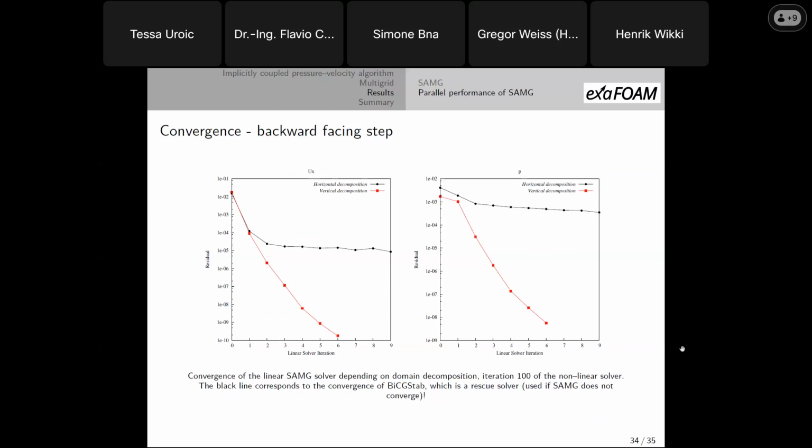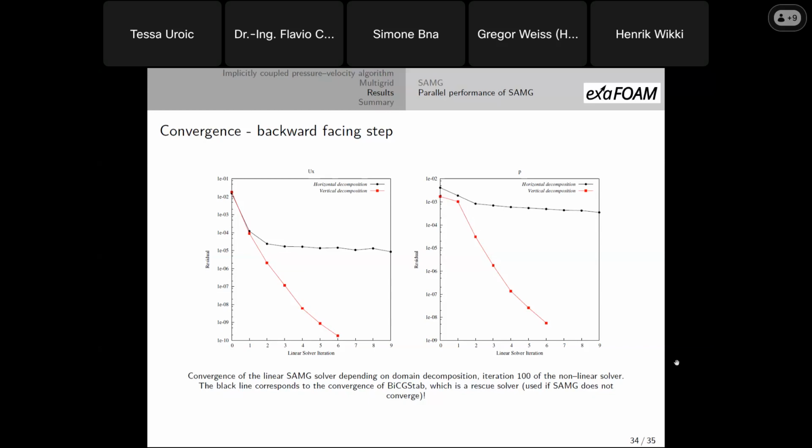And you can see that the performance of the red line is what we expect, so almost theoretical or better than theoretical. 6 orders of magnitude drop of residual in 6 iterations, while with the horizontal decomposition, the residual stalls.